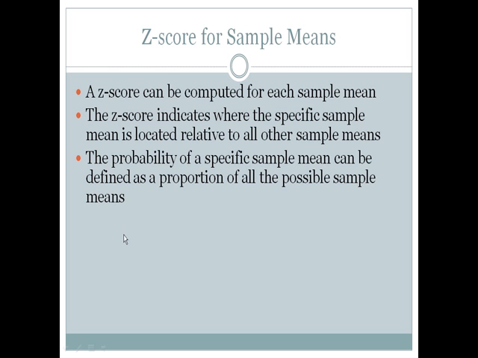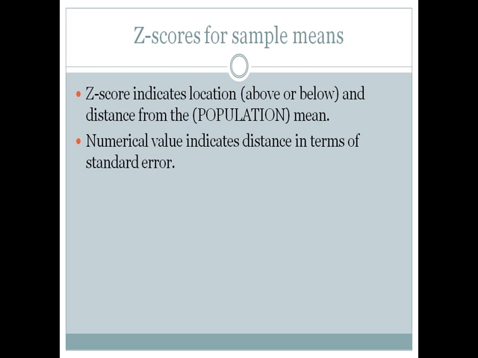A z-score can be computed for each sample mean. The z-score indicates where the specific sample mean is located relative to all other sample means. This allows us to show the probability of a specific sample mean as defined as a proportion of all the possible sample means. Just like z-scores indicated location above or below the mean and the distance from the mean, we can do that here with the distribution of sample means.